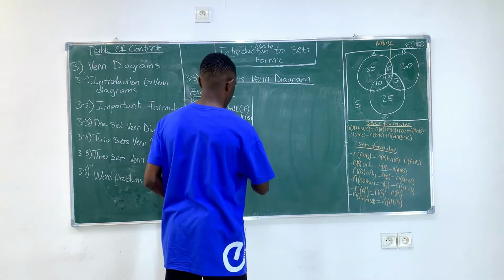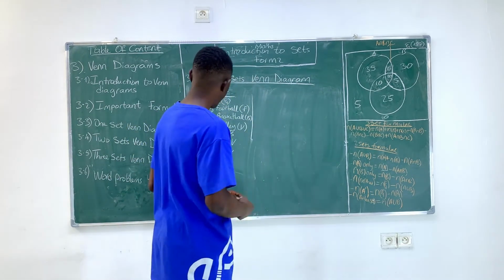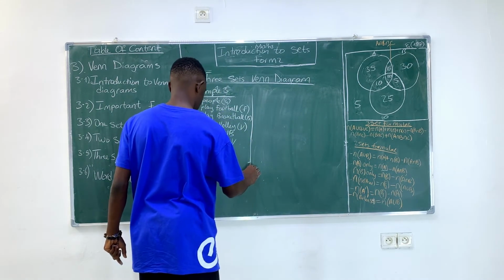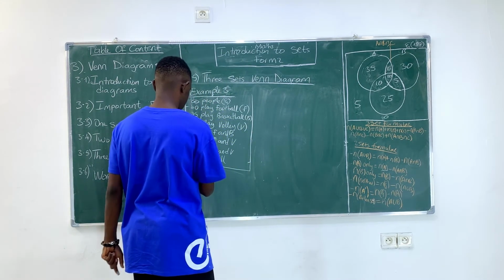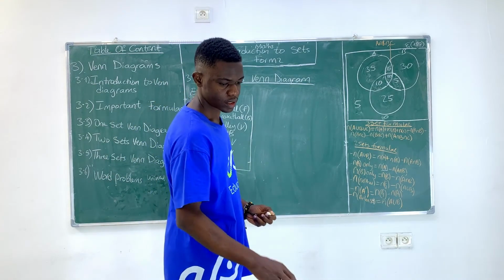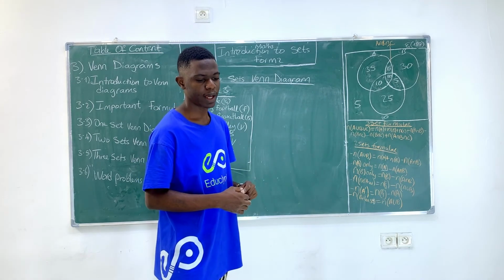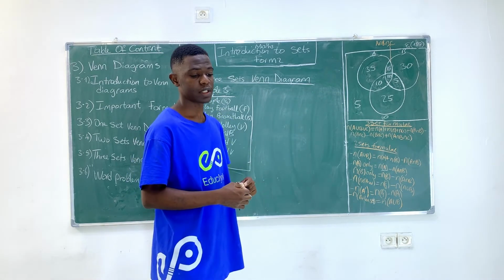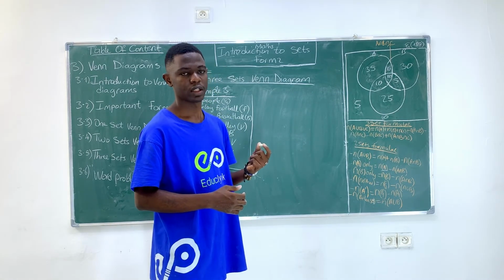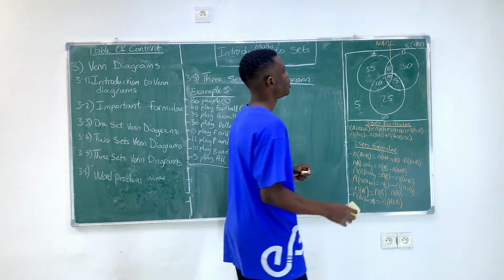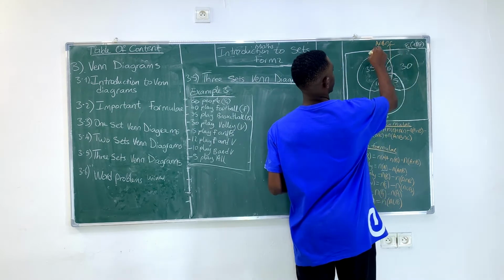Now here, they are looking for: the A part says how many play only football. The B part says how many play exactly one sport. The C part says how many play at least one sport, and the D part says how many play no sports. So to do it, we want to draw a Venn diagram.